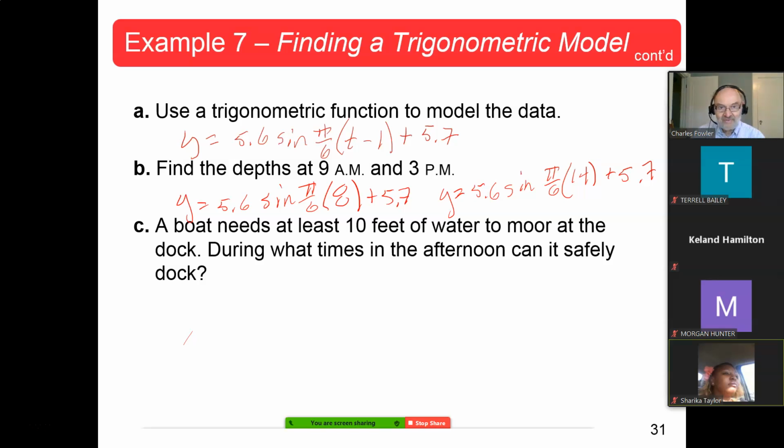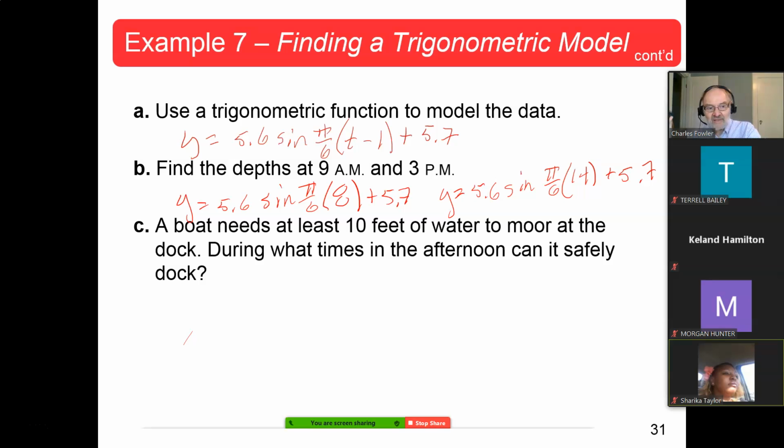Close the parentheses, then take the sine of that in radian mode, and then add to that 5.7. Just plug it in the formula, okay? Equal, I got the depth to be approximately 10.55 in fact, or close to that, 10.55.